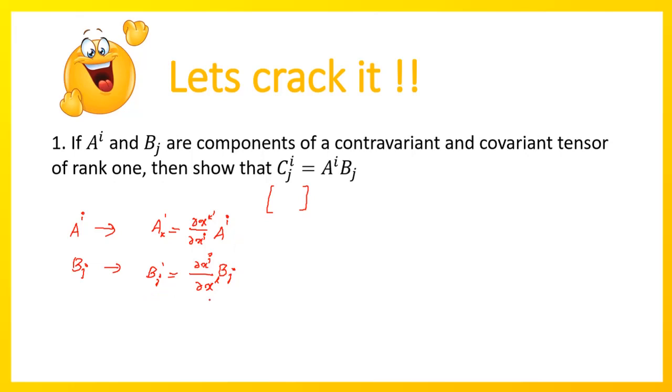So let me multiply this equation, Bl dash into Ak dash, then I have dou xk dash divided by dou xi into dou xj divided by dou xl into AiBj.